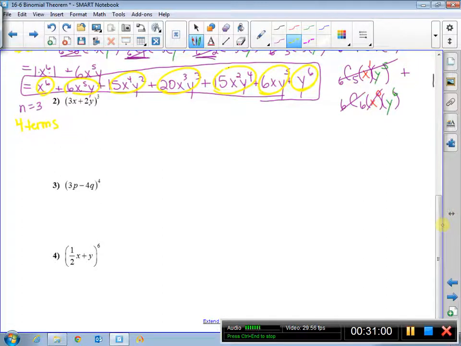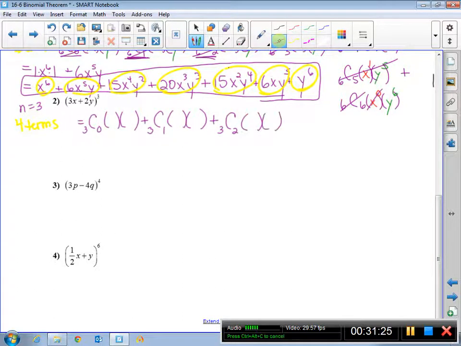All right, so let's get our assembly line out here. 3x plus 2y all to the third. So 3 choose 0, something in there, plus. 3 choose 1, something in there, plus. 3 choose 2, something in there, plus. 3 choose 3, something in there. All right, now what goes in there? This one's a little different, because the first item in my parentheses is 3x.